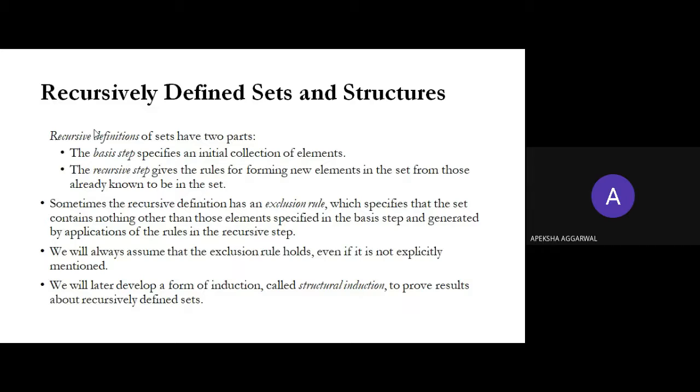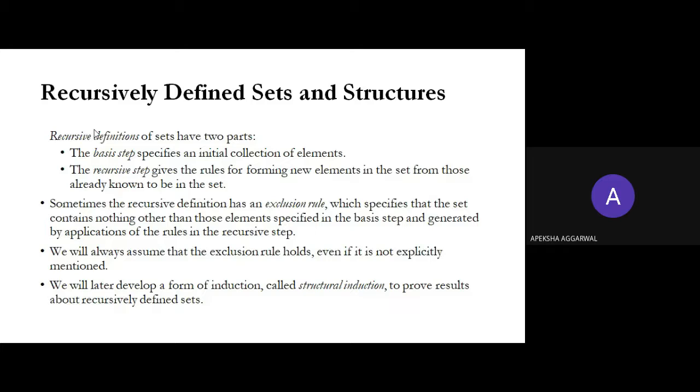Okay, recursively defined sets and structures. The recursive definition of sets has two parts. First is the basis step, which specifies an initial collection of elements. Second is the recursive step, which gives the rules for forming new elements in the set from those already known to be in the set. Sometimes the recursive definition has an exclusion rule.